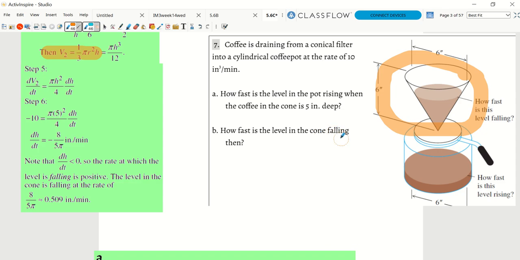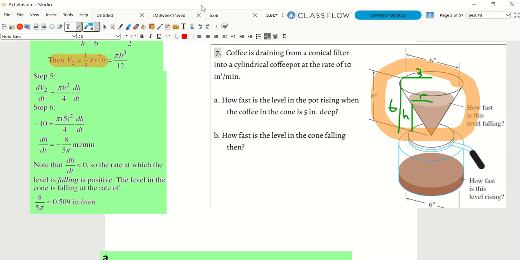That's vertical, so that means dh over dt. So I want to rewrite this in terms of h. This is 3, because the diameter is 6, and this is 6. That's r, and that's h. So r to h is 3 to 6.